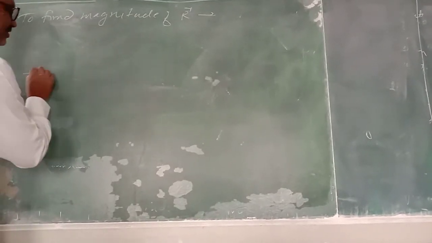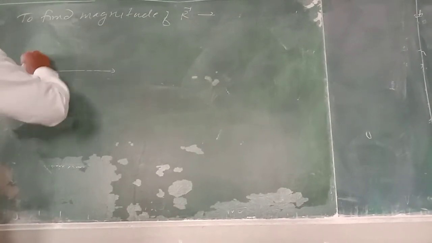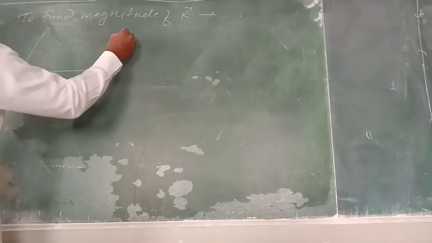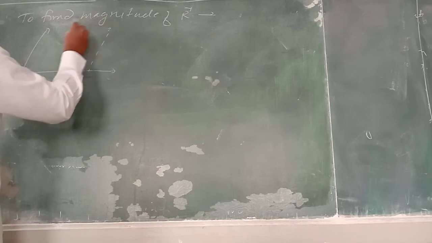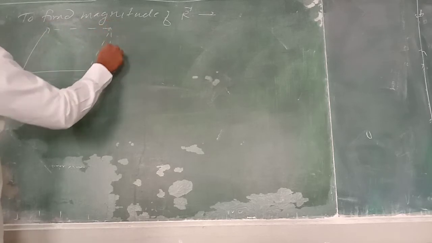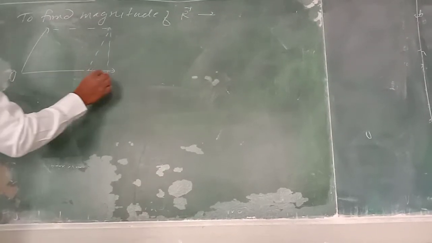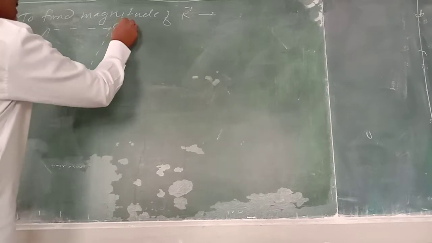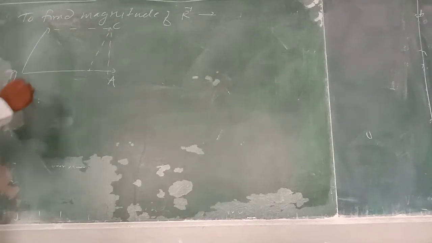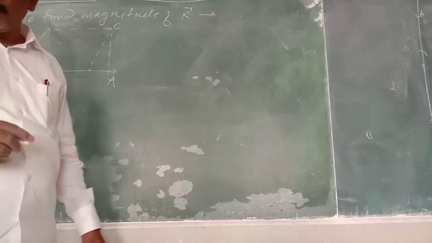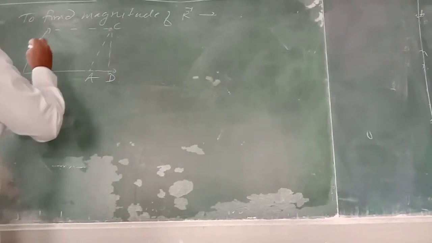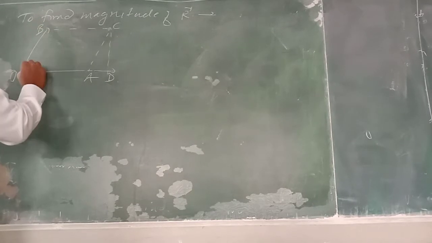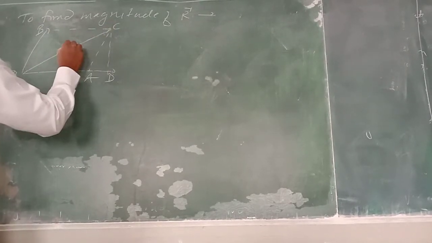Draw this diagram first: O, A, C, O, A, D, and B, and this is the diagonal R.